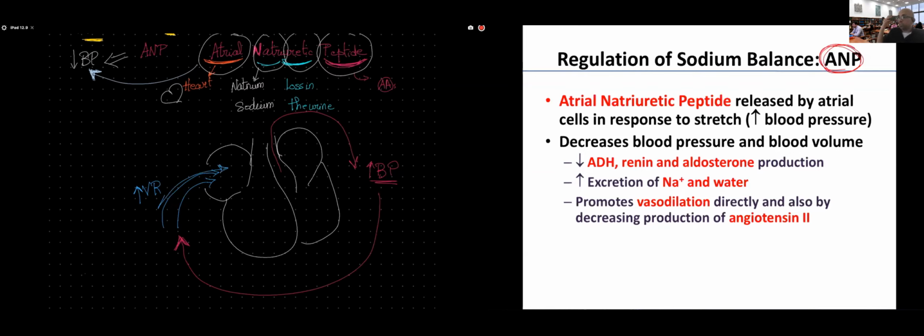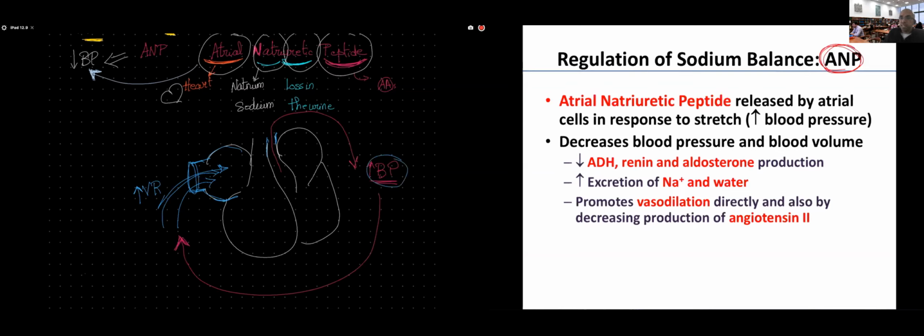So your heart detects the increase in the blood pressure not by direct detection of the pressure in the arteries, but by detecting the amount of venous return. If I get more venous return, this means for me that I have a high blood pressure.